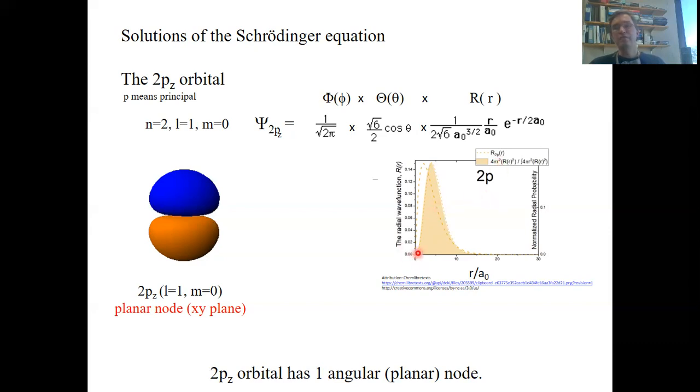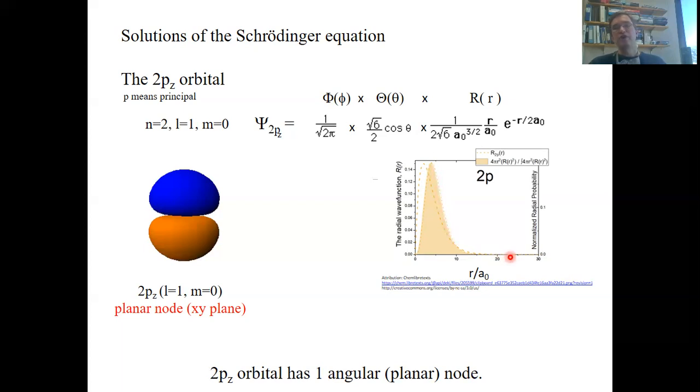And you see that the shape of this curve is quite similar. So very close to the nucleus, our radius is equal to 0. Then our radius increases. It goes to a maximum and then finally goes down to 0 again. Okay.